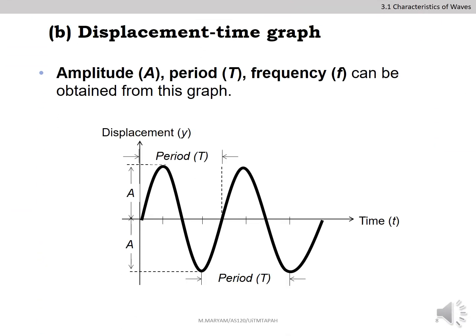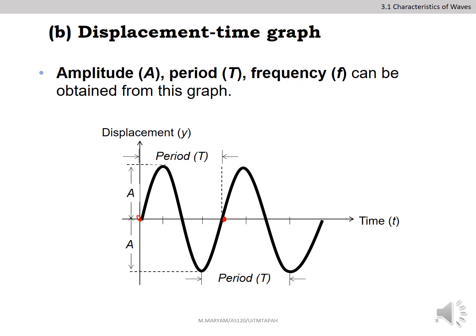Second one is the displacement versus time graph. From this graph we can obtain amplitude, same as here, the maximum height. The period is the time taken for one complete oscillation. So here is the starting point and the complete oscillation stops here, similar to wavelength.